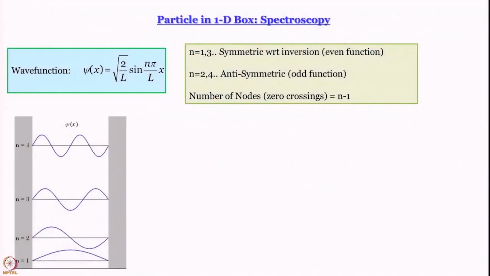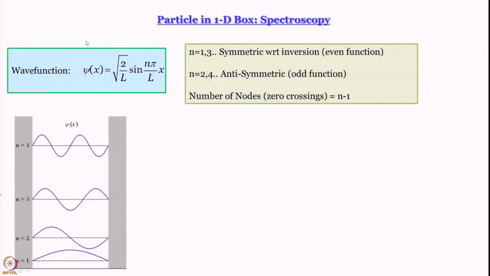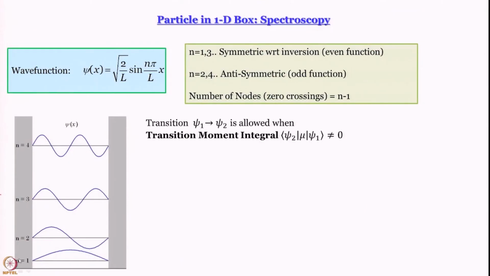Now comes the discussion that should have come before I could write h nu. Let us talk a little bit about spectroscopy. What is spectroscopy? Spectroscopy is the interaction of radiation with matter, and essentially it involves transition from one energy level to the other. Spectroscopy is not at all new to us, because quantum mechanics has arisen out of spectroscopy.